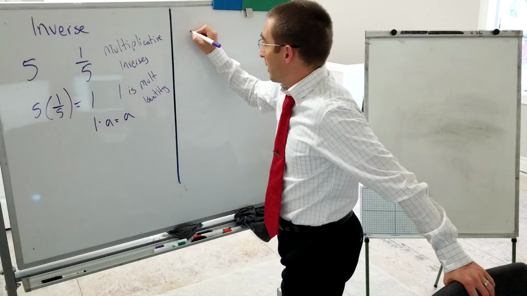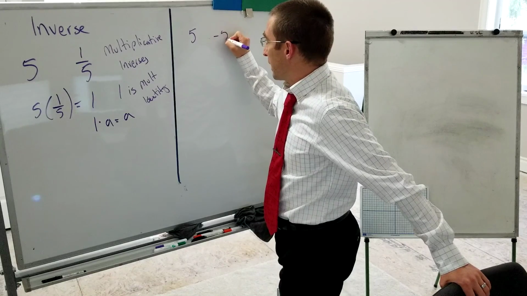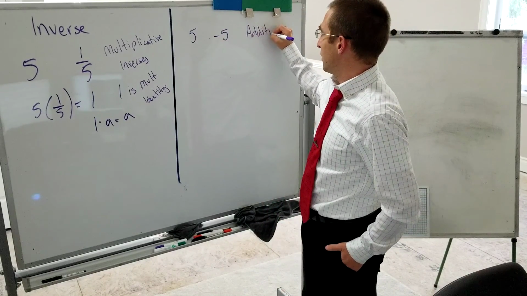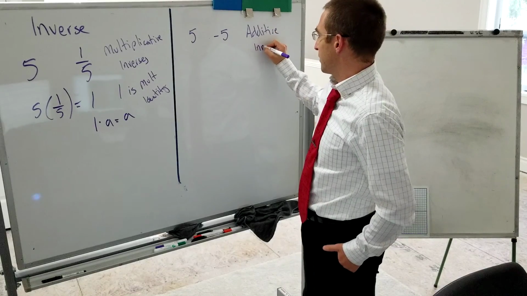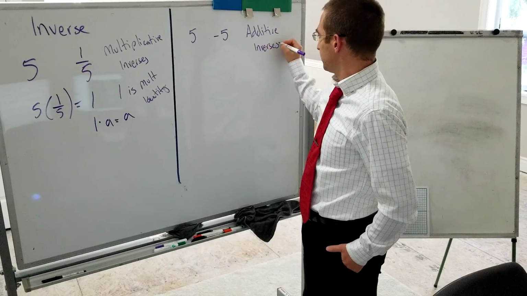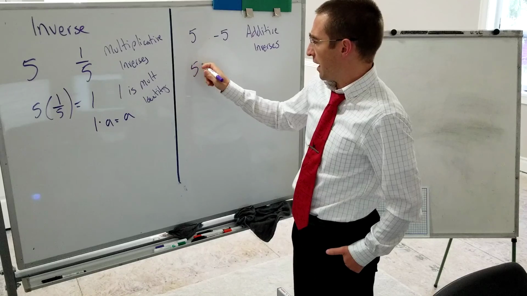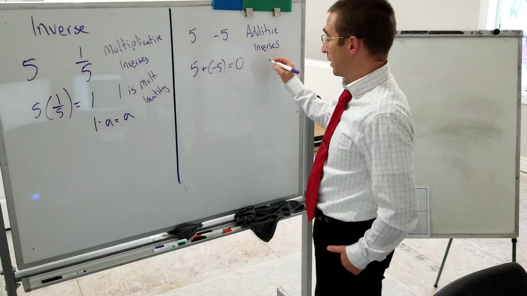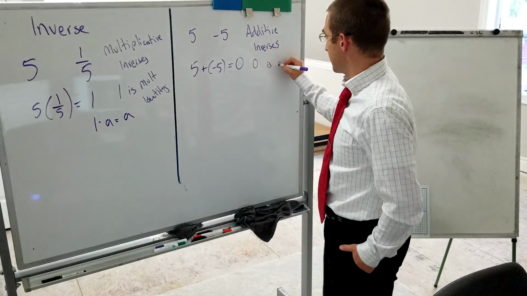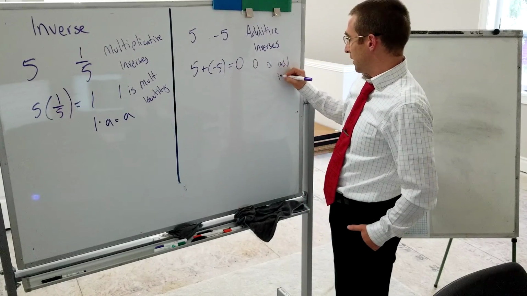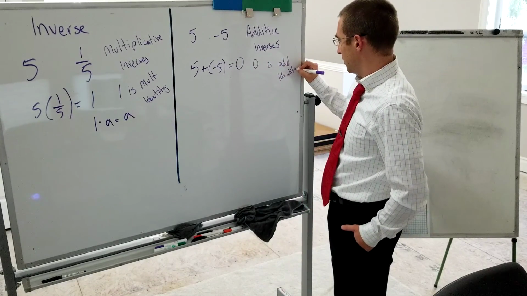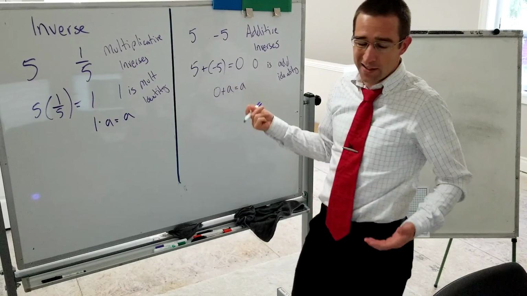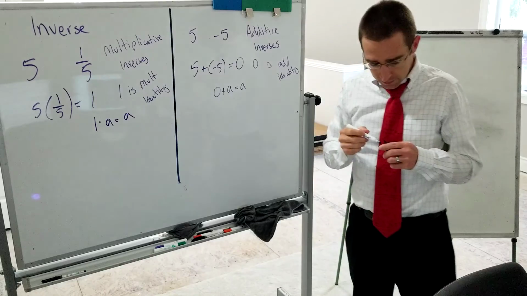If we take a number like 5 and a number like -5, these are additive inverses. So if I take 5 plus -5, I get 0, and 0 is the additive identity, because 0 plus A is just A. 0 plus anything is just what it is.